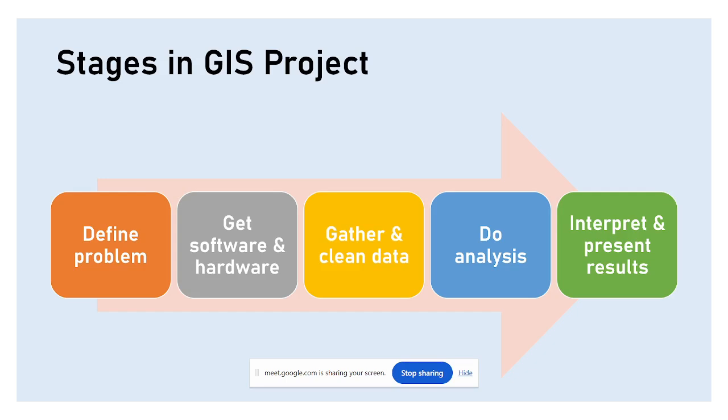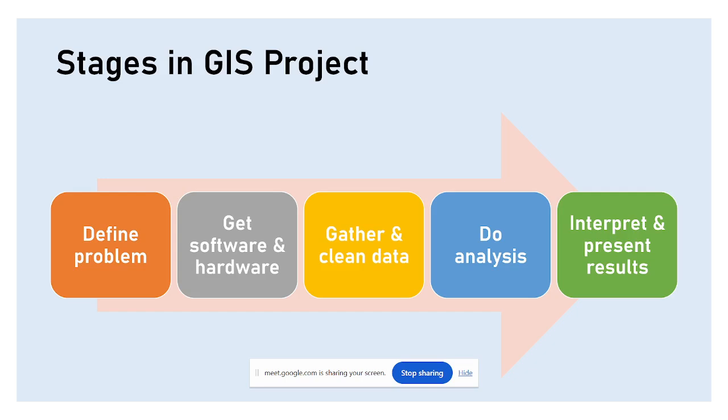Then they need the software and the hardware. Software is GIS software, and hardware is the computer and processor, all those things. Then you gather all this data, you clean the data, because you have a hell of a lot of data and you don't need all of it.